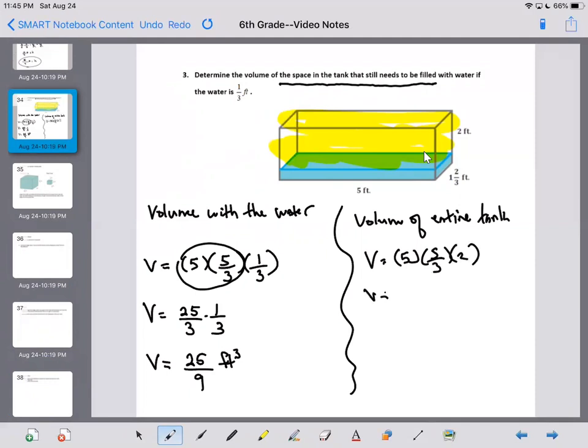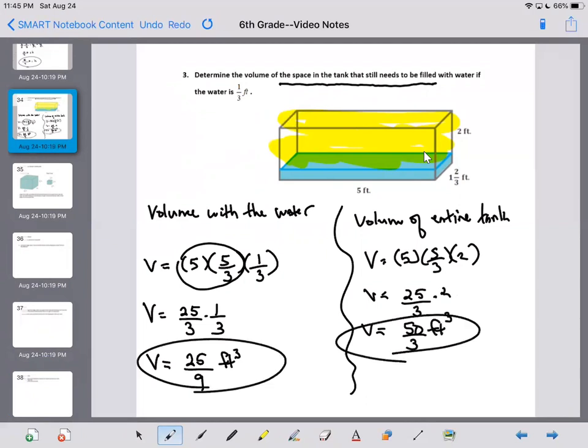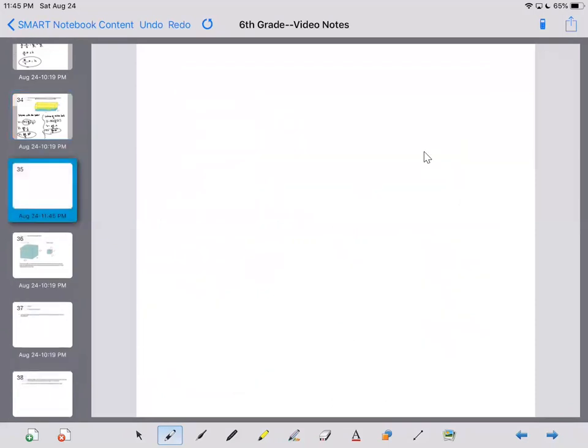And that would be 25 thirds times 2, or 50 thirds cubic feet. Now, if we want to find the space in between, then we would take the volume of the tank, which is 50 thirds. We would subtract the volume of the water, which is 25 ninths.